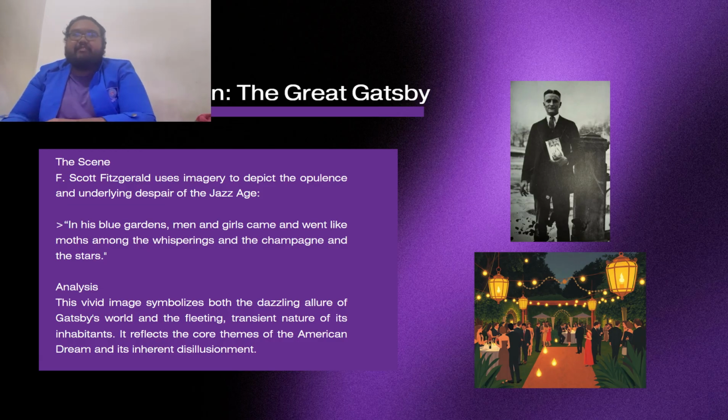Okay, imagery in action, The Great Gatsby. F. Scott Fitzgerald used imagery to depict the opulence and underlying despair of the Jazz Age. In his blue gardens, men and girls came and went like moths among the whisperings and the champagne and the stars.